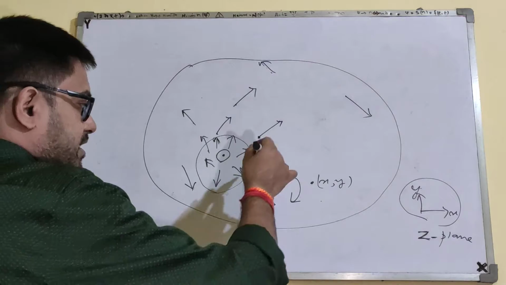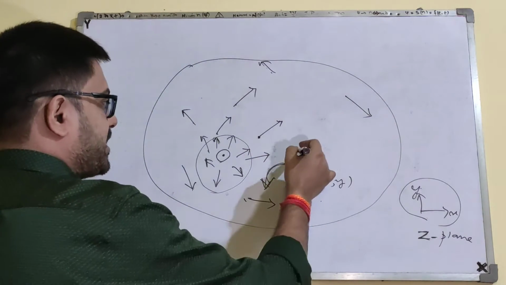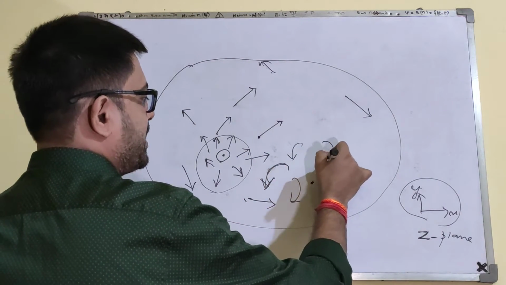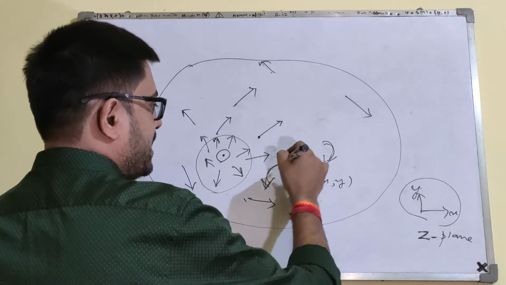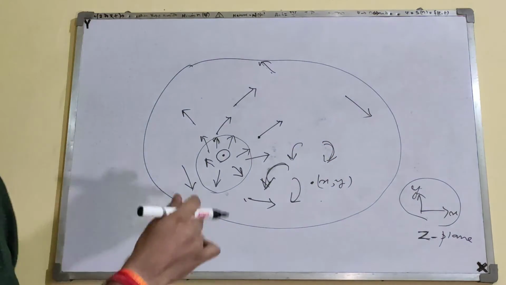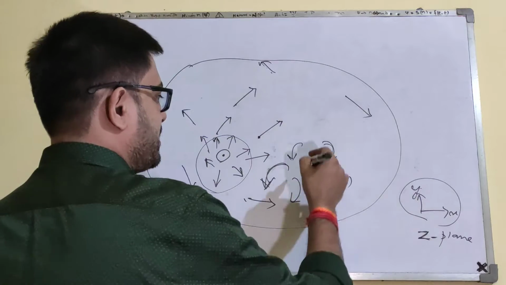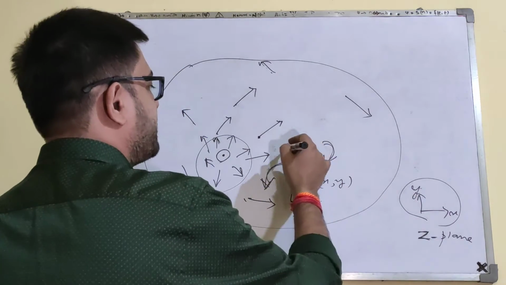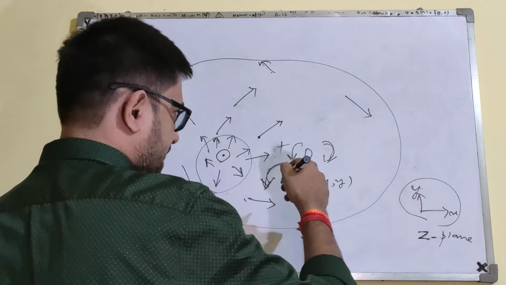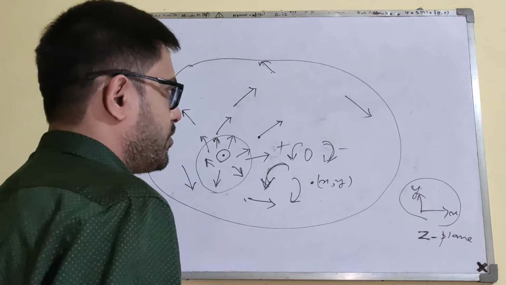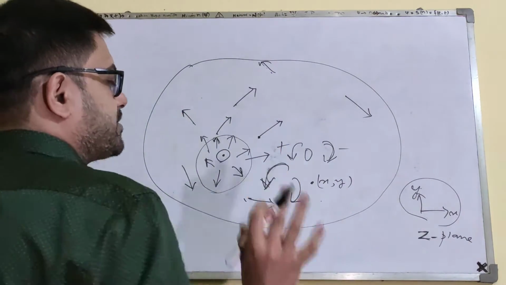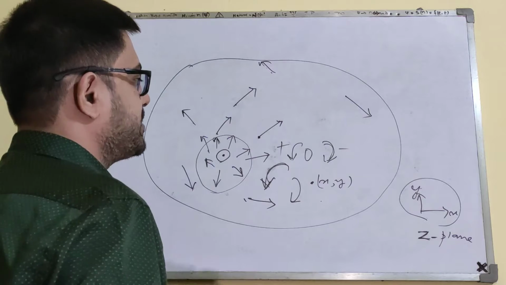And if it does not have a net tendency, if there is an equal amount of clockwise and anti-clockwise tendencies, then both of them will cancel each other and give me a zero curl. But if there is a net anti-clockwise or net clockwise tendency, then there will be some sort of curl, whether it is positive curl or negative curl.